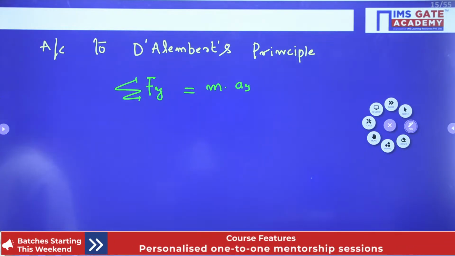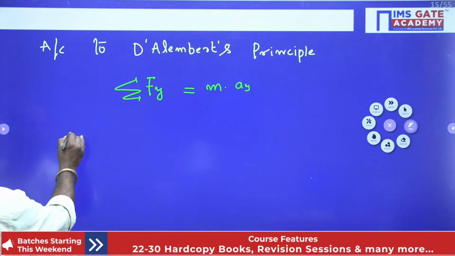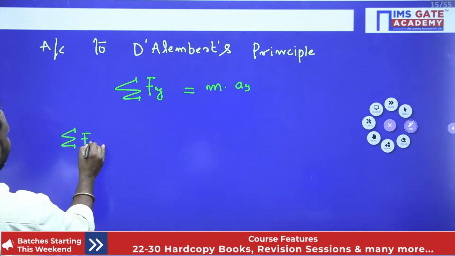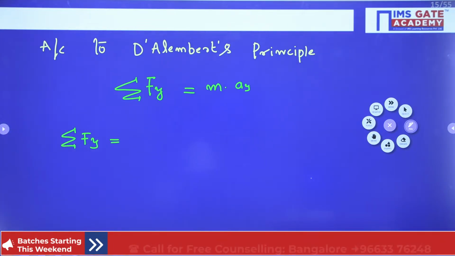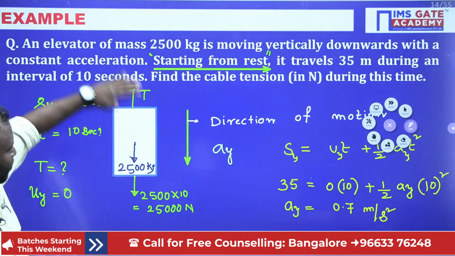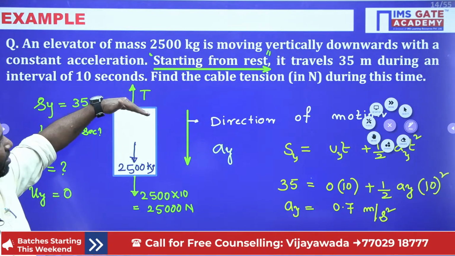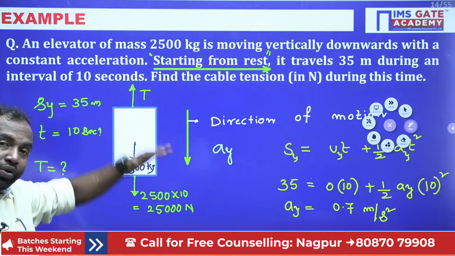Now let us apply the net force in the direction of motion. What are the forces in the direction of motion? T is acting upward, and 25,000 newtons is acting downward.